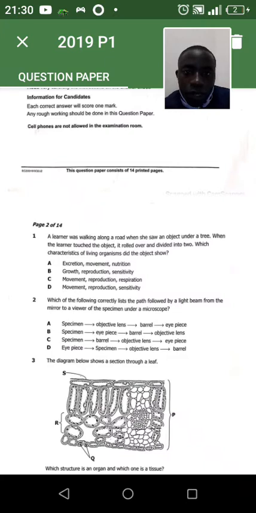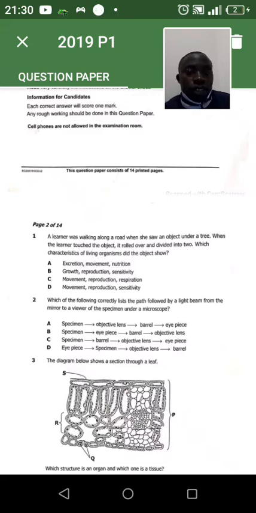Elena was walking along a road when she saw an object under a tree. When Elena touched the object, it rolled over and divided into two. Which characteristic of living organisms did the object show?